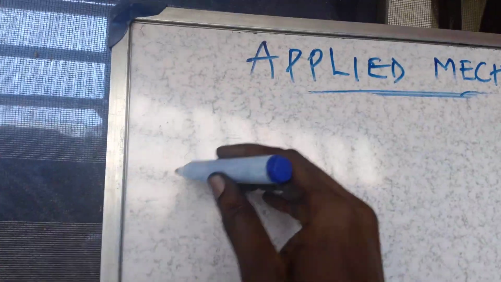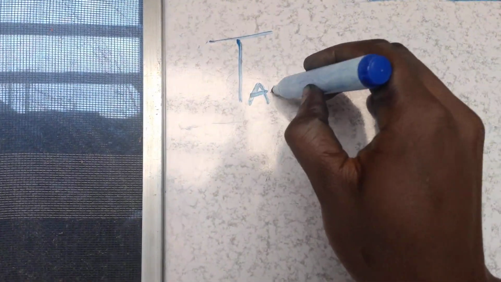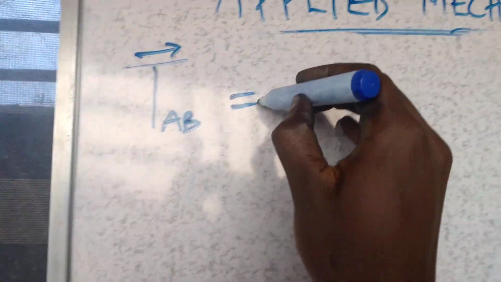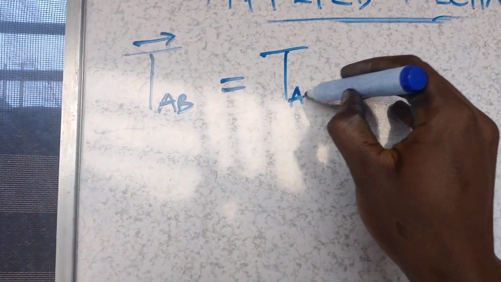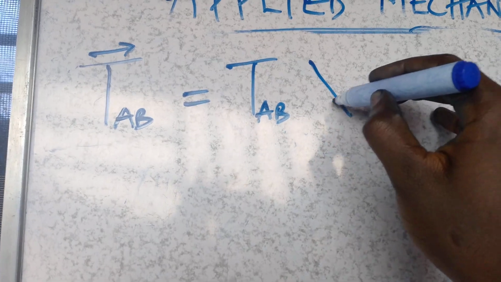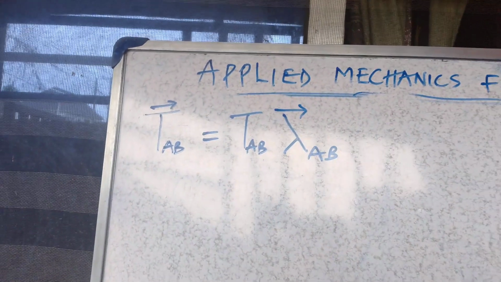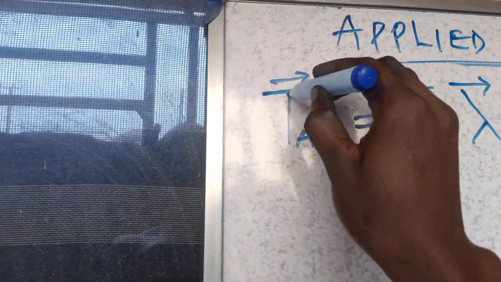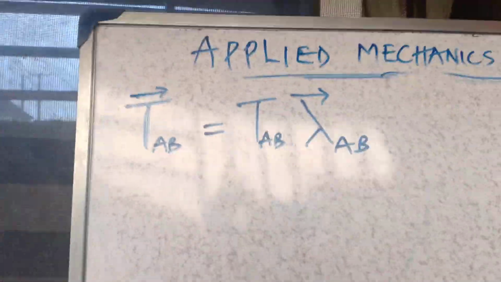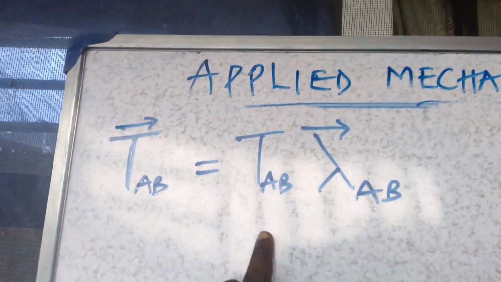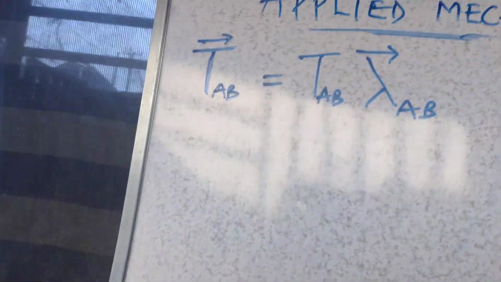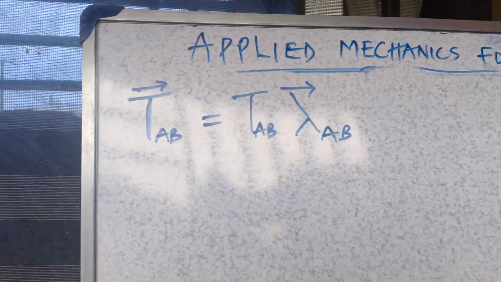Alright, so the next thing I'll do is to find the vector TAB. Vector TAB is equal to the original tension force TAB times the unit vector lambda AB. This is showing that it's a vector. Let's come back to that question.